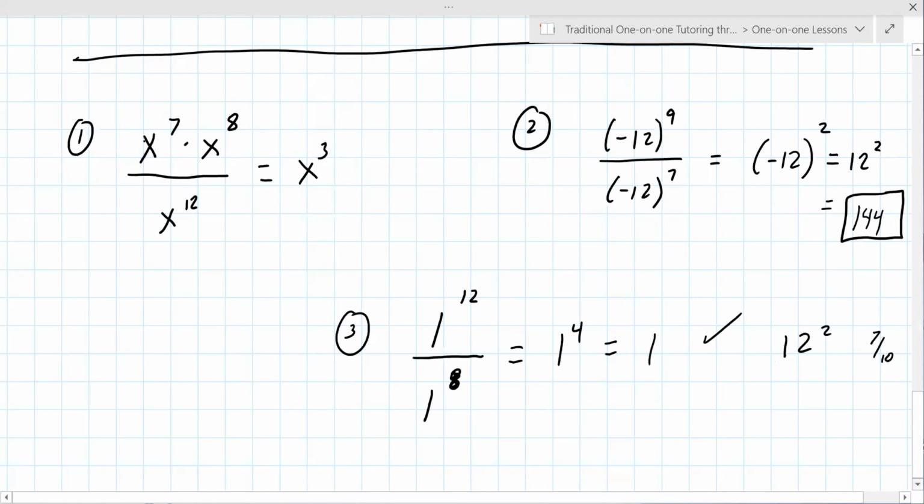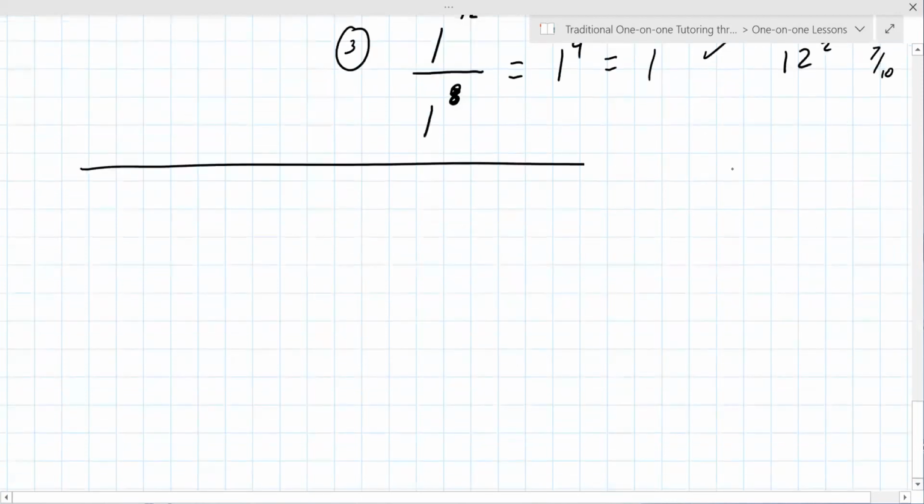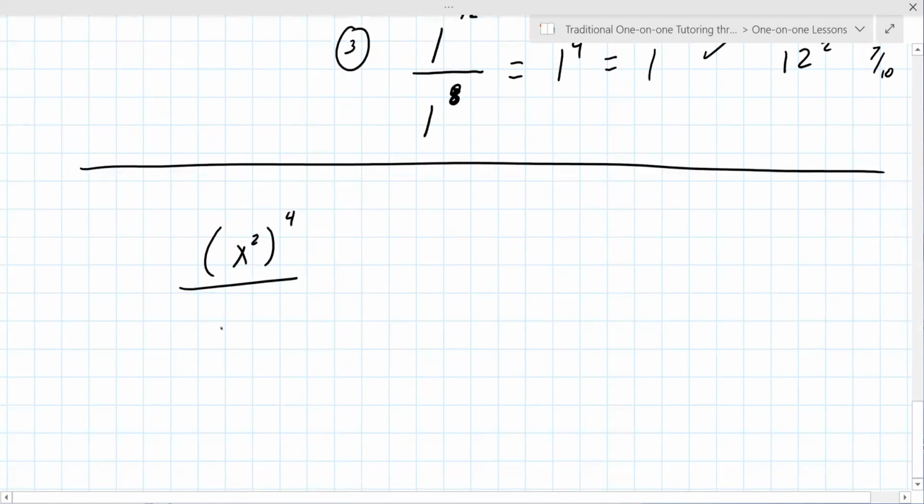Okay. Now we covered a few other rules last week, which we probably ought to talk about here again. So let's say it's like x squared to the power of 4 over x to the sixth. Here, if you recall, when you have an exponent to an exponent, you first multiply them. So this is x to the eighth over x to the sixth, which is x squared.